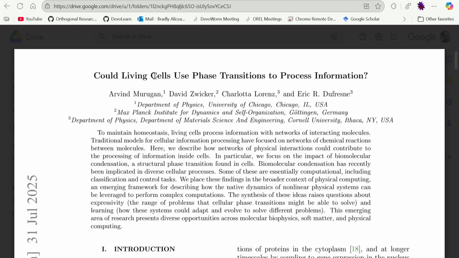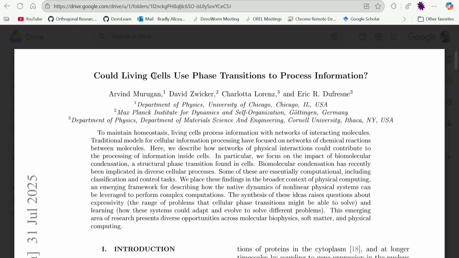And so it's an interesting way to phrase information processing as a problem, not only a problem to be solved, but how many problems this phenomenon can potentially solve. And then learning, of course, is how these systems could adapt and evolve to solve different problems. So this is basically, how can the cell learn what to solve and how to adapt to a certain situation.